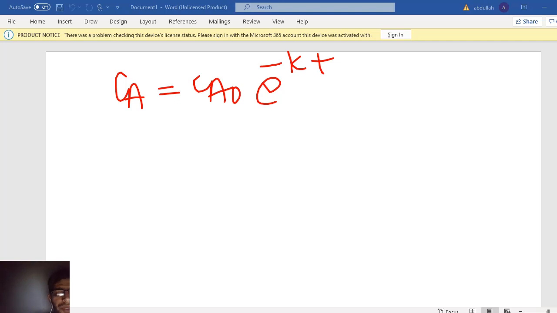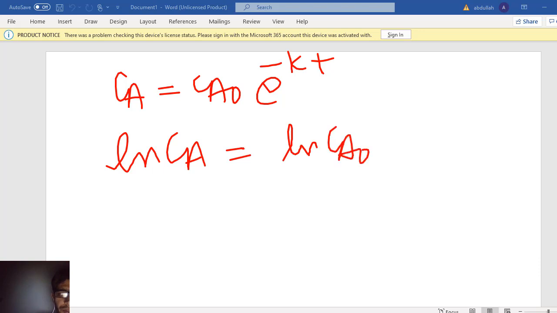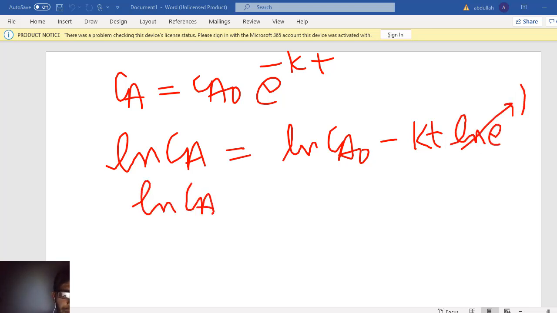Similarly, we can also write this relation in the form of ln: ln Ca is equal to ln Ca naught minus K t ln of e, which is equal to 1. So ln Ca is equal to ln Ca naught minus K t.